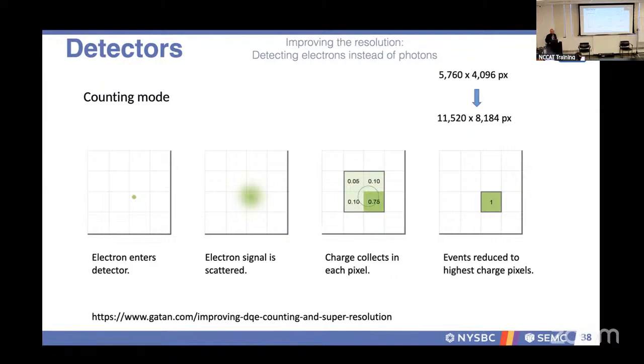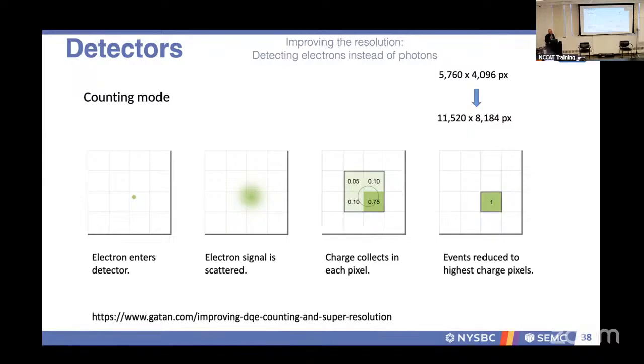And something that we can make use of are super resolution techniques in light microscopy, in the sense that if an electron is hitting, let's say, the upper left quadrant of a pixel, and you can see the neighboring pixels, you can centroid that event to a particular quadrant. So what physically you might have in a sensor is 5,760 by 4,096 in a typical K3 or maybe an Alpine camera.